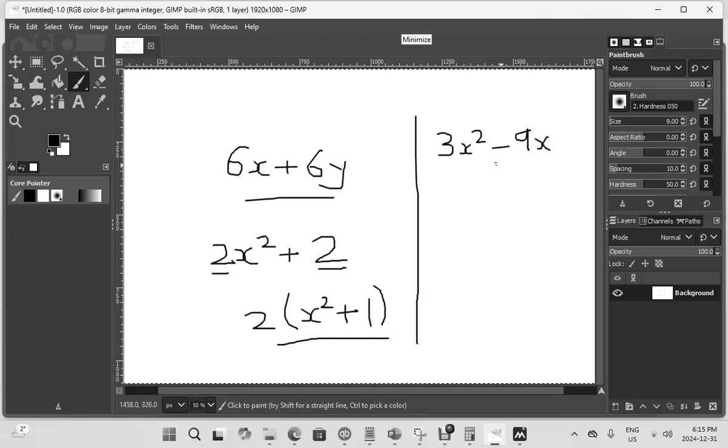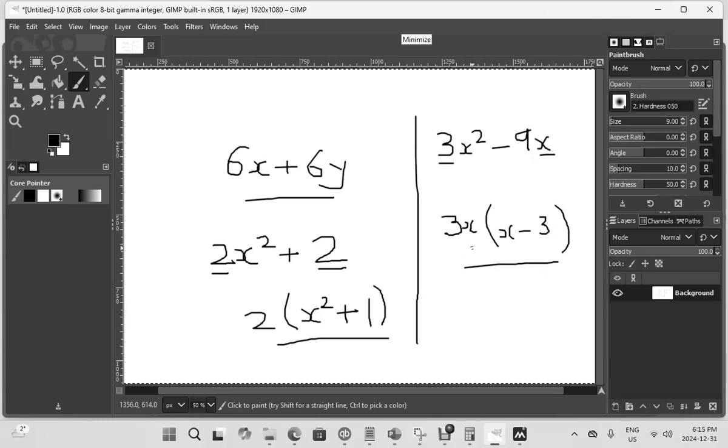We have a common factor here, which is 3x, so the number 3 and the variable x. 3x goes outside the bracket, which means 3x goes into 3x squared once, and you have x minus 3. So this will be your solution for this one.